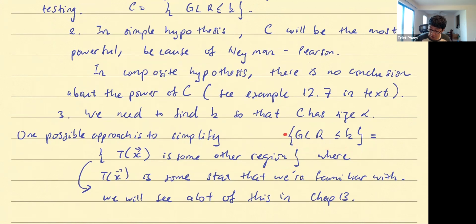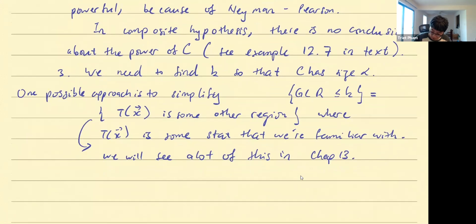So jumping from here to here may not be a straightforward task. In that case, this approach doesn't work. So alternatively, we have the following asymptotic result.